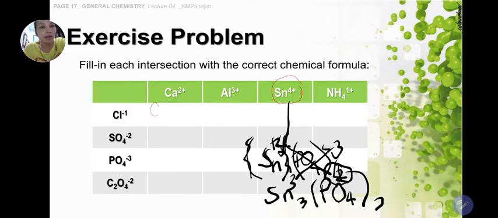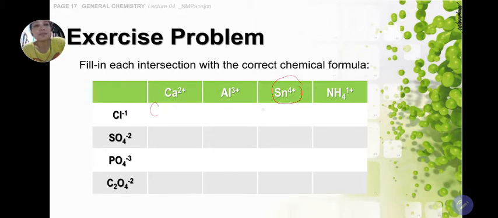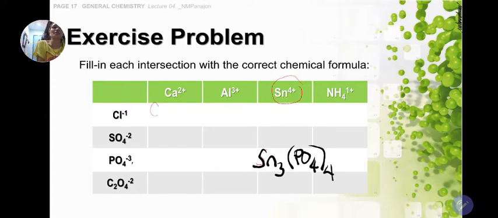Sn is positive 4, PO4 subscript 4. Okay, so linawan natin. Sorry. Sn3, and PO4, 4. So, yan yung answer dun sa intersection na yan.